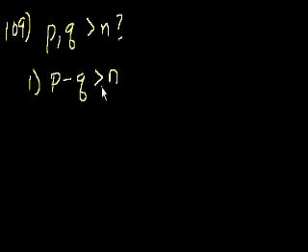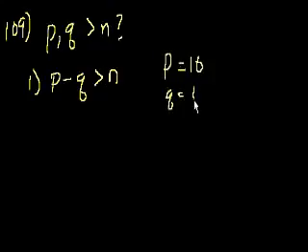Well, I'll give you a case right now where that doesn't satisfy this. What if p is equal to 10, q is equal to 1, and n is equal to 2? Then 10 minus 1 is 9, which is definitely greater than 2. But look, q is not greater than 2. 1 is not greater than 2, so q wouldn't be greater than n.